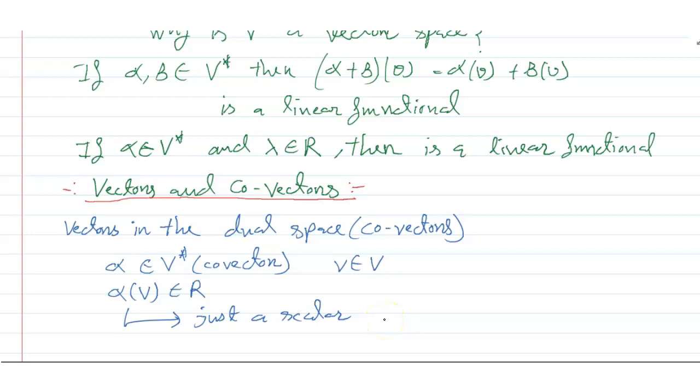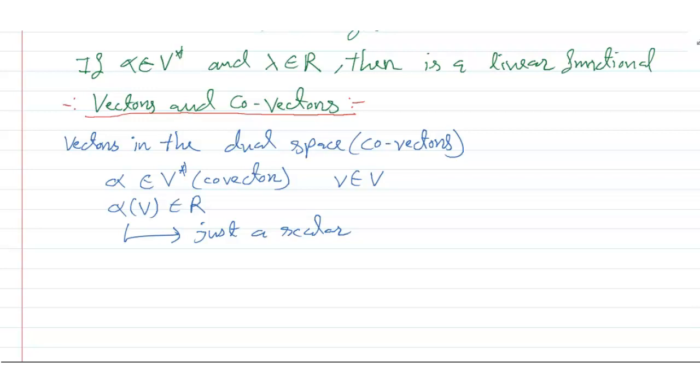It's the result of applying the linear functional alpha to the vector v, and the important thing to remember is that alpha is not an arbitrary function.